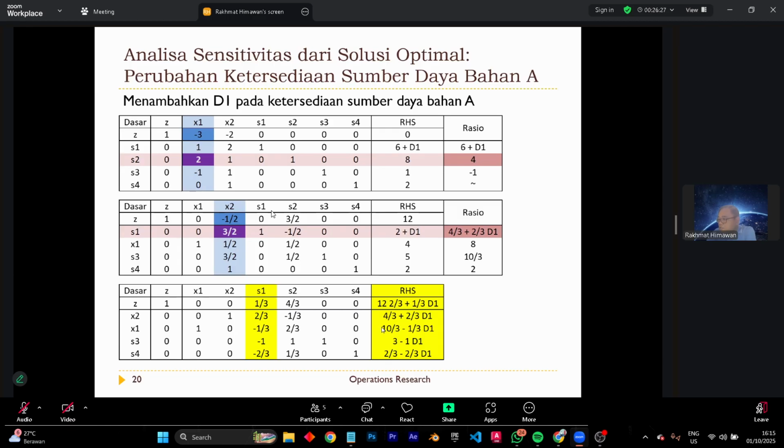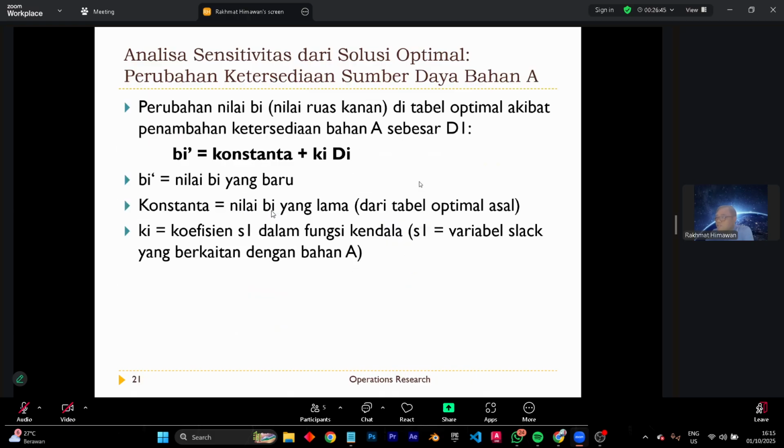Including this, 10/3 plus minus 1/3 multiplied with D1. Sorry, 3 plus 1 minus 1 multiplied with D1, and so on. So this is the way, and this is the formulation, but basically the same.